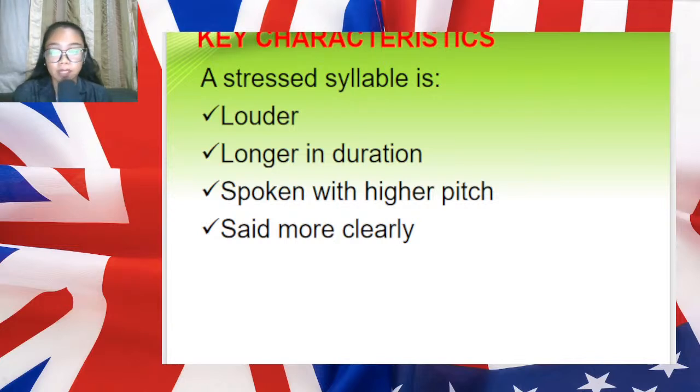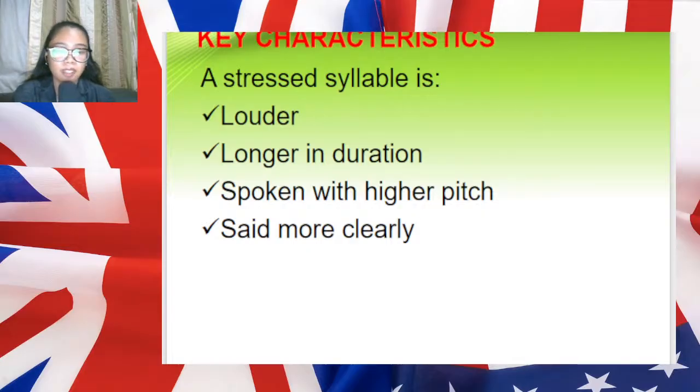Third, it's spoken with higher pitch. Pitch, as we know, is about how high or low your voice sounds. In a stressed syllable, our pitch often goes up a little. That small rise in pitch helps the syllable get attention and tells the listener, hey, this part is important.